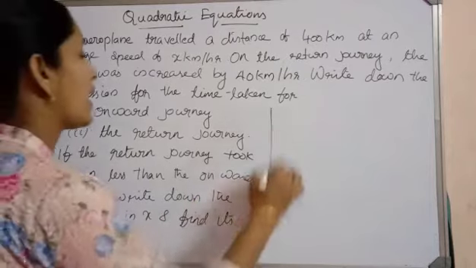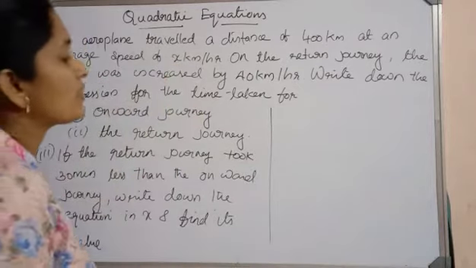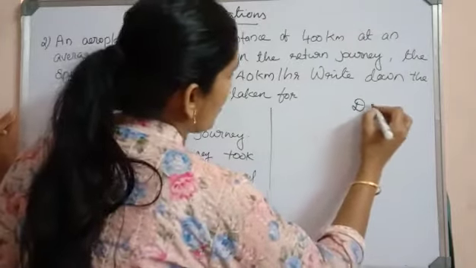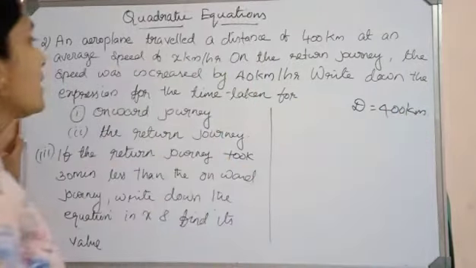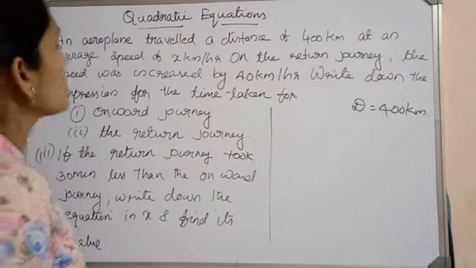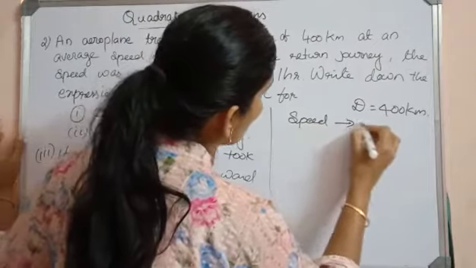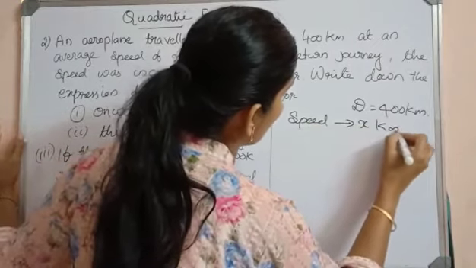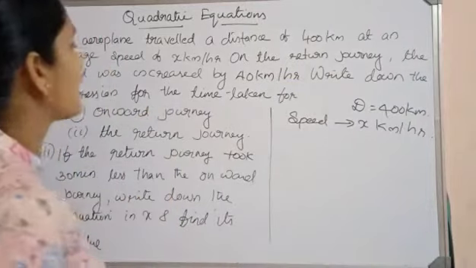Here it is given that the aeroplane traveled a distance of 400 kilometers, so the total distance traveled is 400 kilometers, and the average speed was x kilometer per hour. So we have to write down the expression for the time taken.